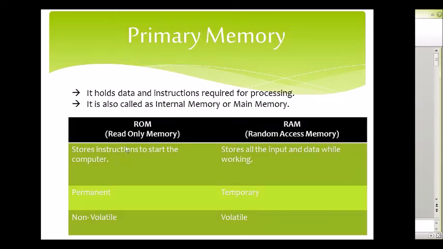That is why we say this primary memory, that means ROM and RAM, hold data and instructions required for processing. ROM holds instructions to start the computer and RAM holds data to work in the computer.